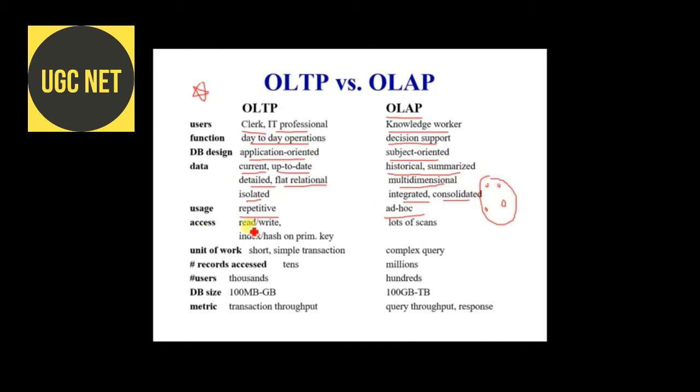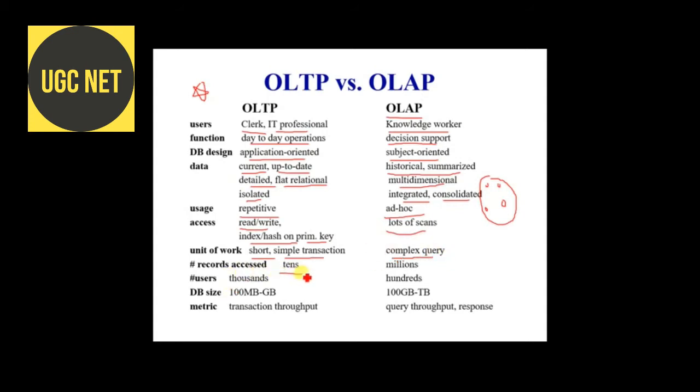The access of OLTP is read, write, index hash or primary key, whereas in OLAP lots of scans are there, because it is mainly for research purposes and to organize data suitably. The unit of work in OLTP is a short simple transaction, whereas in OLAP complex queries are there, because you have to process data from lakhs of terabytes.